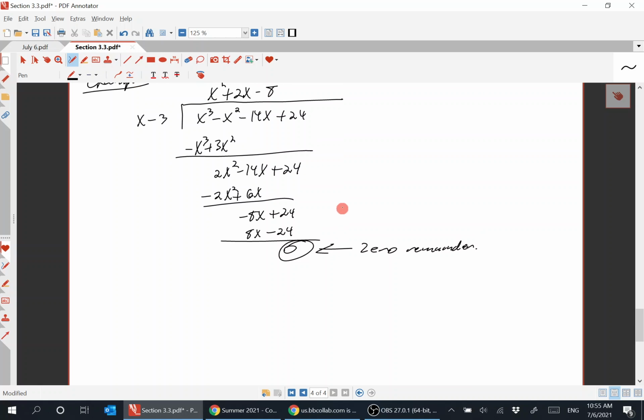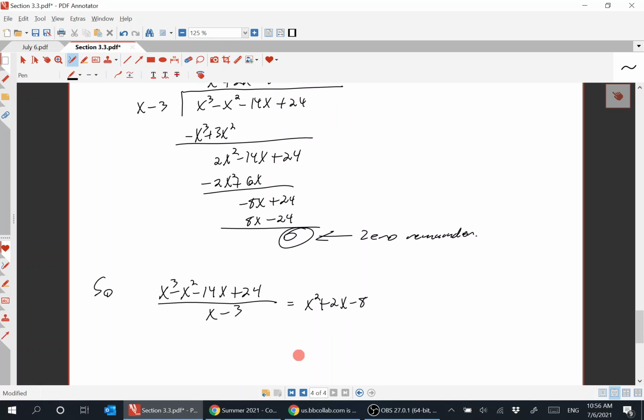Right? So this polynomial, x to the third minus x squared minus 14x plus 24, divided by x minus 3, is equal to just that quotient, with a 0 remainder.